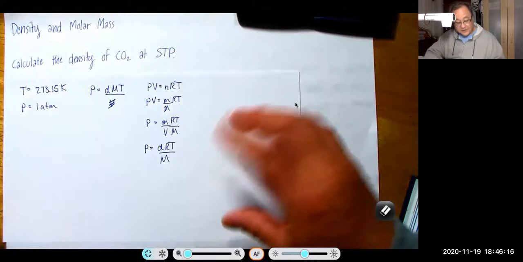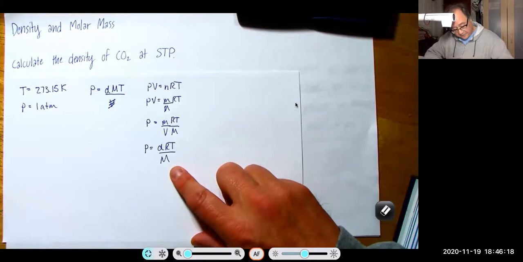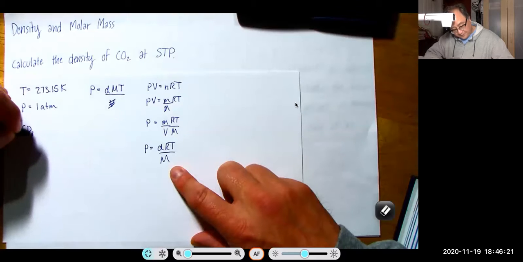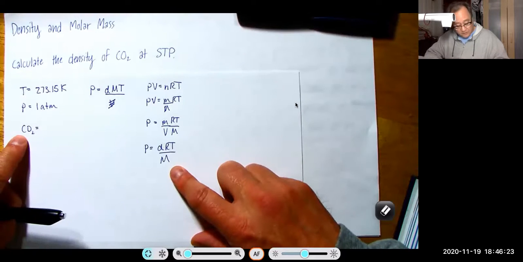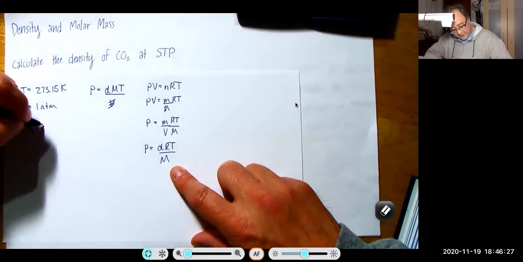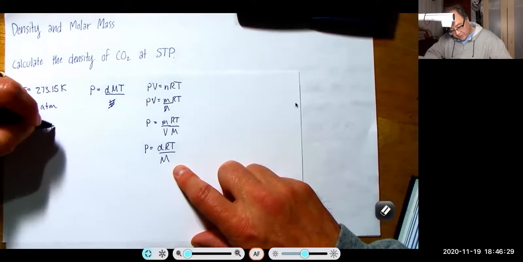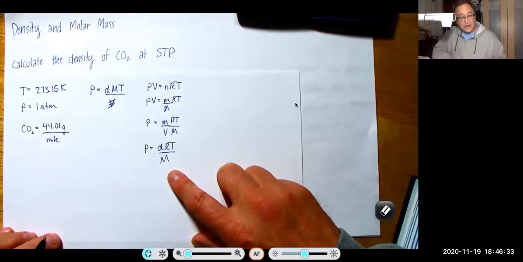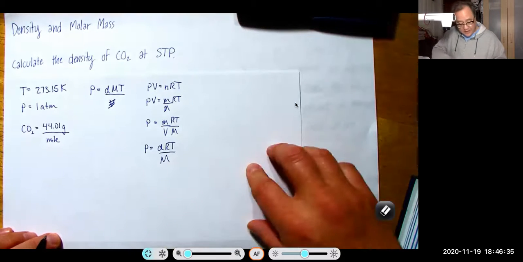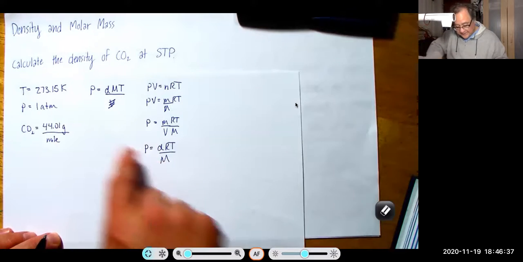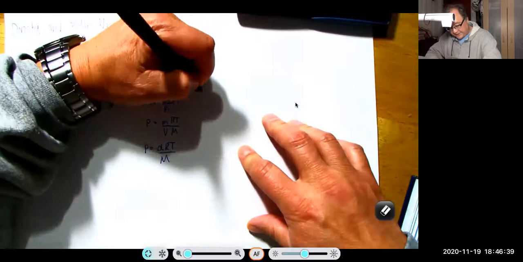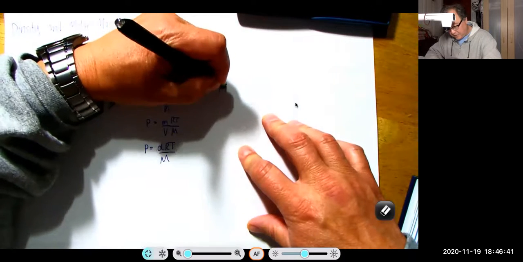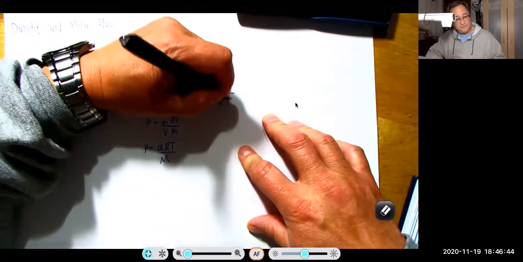Okay, so this means I need the molar mass of CO2. So CO2, we've got 12.01 for a carbon and 16 for an oxygen. So that ends up being 44.01 grams per mole. Okay, so now we can use this equation here. And since we're calculating the density, we're actually going to say the density is PM over RT.